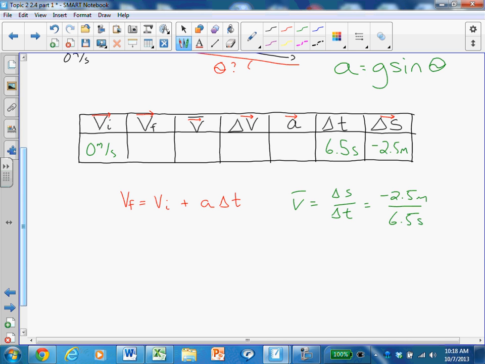That gives us minus 0.38 meters per second. So that will go in here.